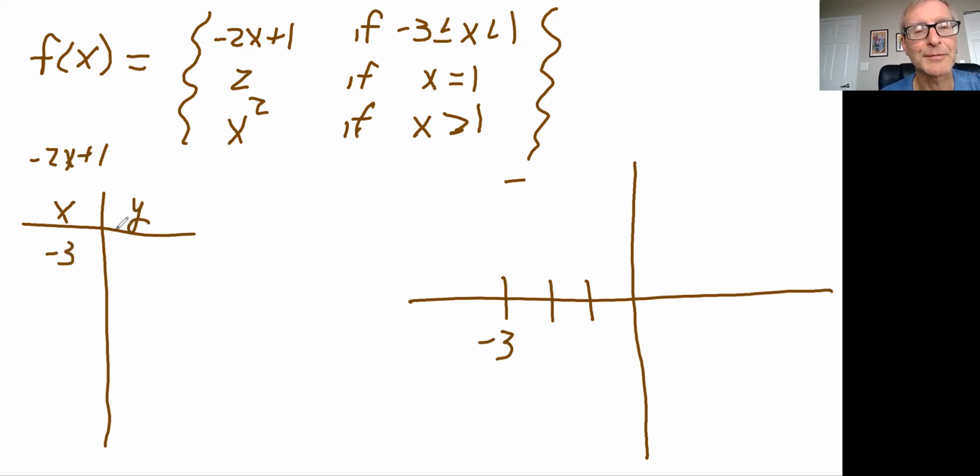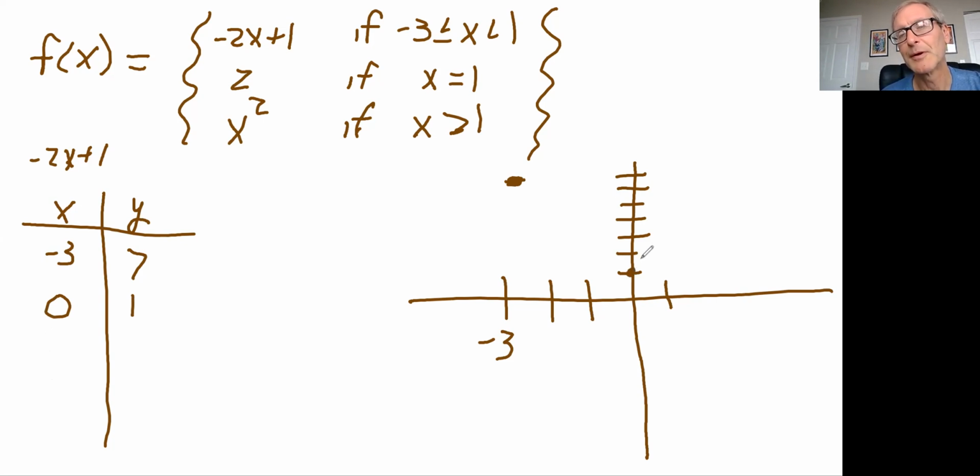That would be +6, so that would be 7. 1, 2, 3, 4, 5, 6, 7. So that would be right up here. And we're going to go all the way down to +1. So let's plug in 0 to get another point. When you plug 0 in, we get +1.